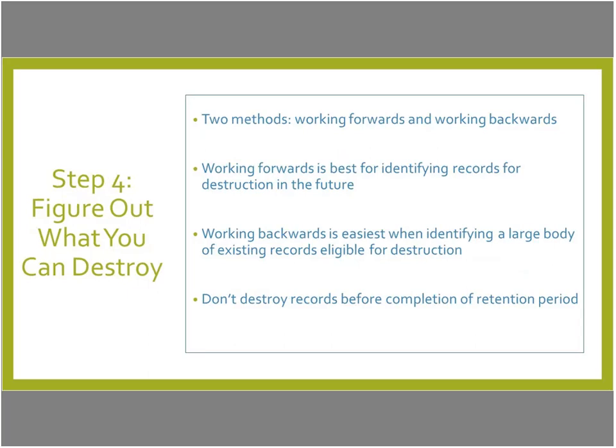So now you have to figure out what to destroy. This is an interesting method that we employ: one is working forwards and the other is working backwards. Ladies and gentlemen, I never think this way, so I will try not to confuse you. Working forwards is when you're trying to identify records that you want to destroy in the future.